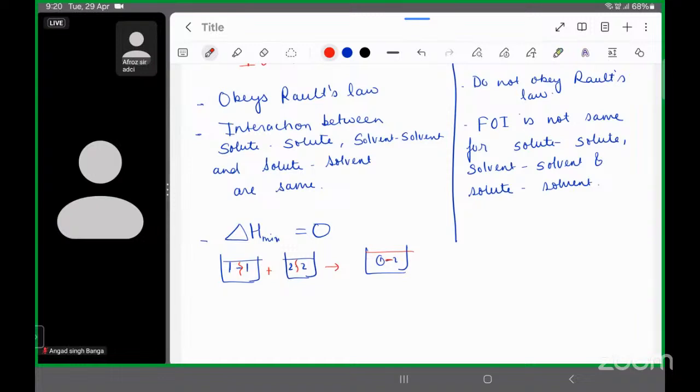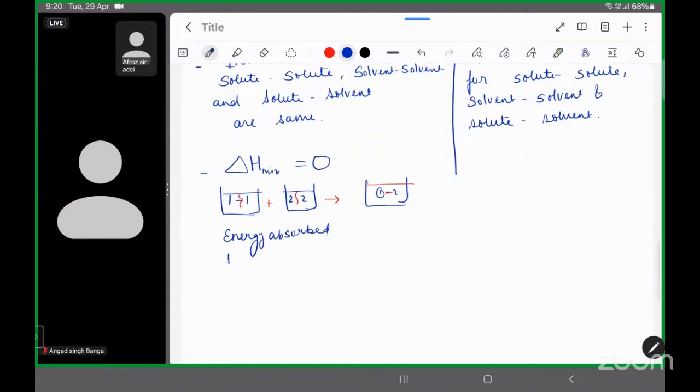Understand? The energy absorbed to break intermolecular force is equal to energy released.